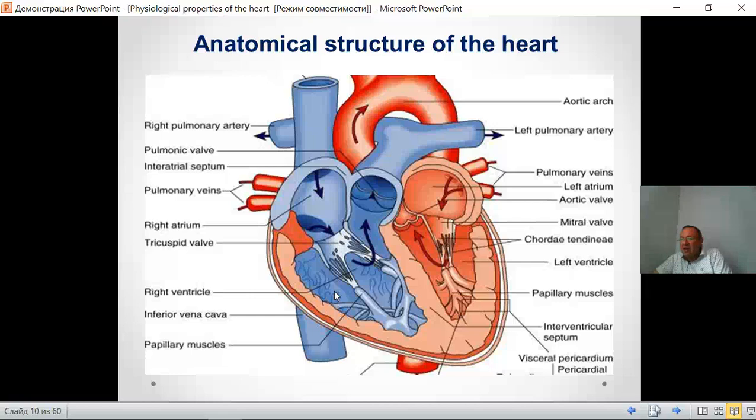The superior surface of the right ventricle begins to taper as it approaches the pulmonary trunk. At the base of the pulmonary trunk is a pulmonary semilunar valve that prevents backflow from the pulmonary trunk.